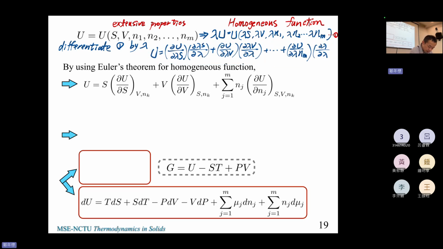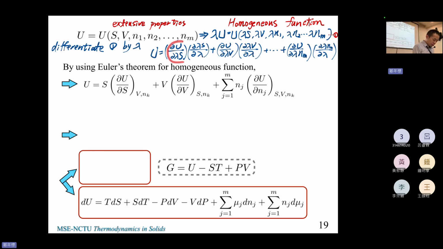The mathematician is so smart, I would say. Who can think about that? It's just genius. Oh my God. So they did the differentiation for the homogeneous function, differentiated by lambda. Lambda U here, and lambda S, they are multiplied together, right? So you need to differentiate the first term and then multiply by the differentiation of the next term.